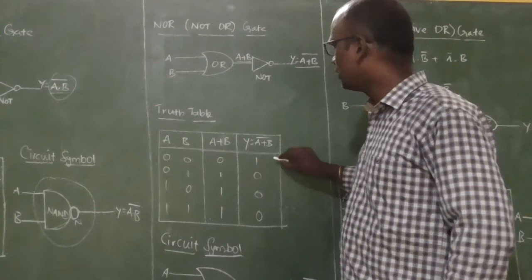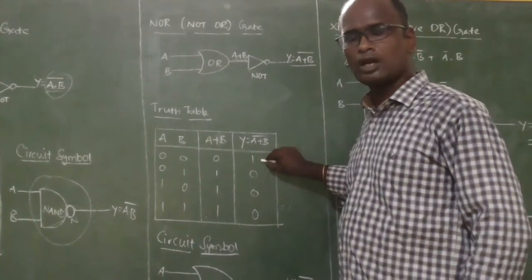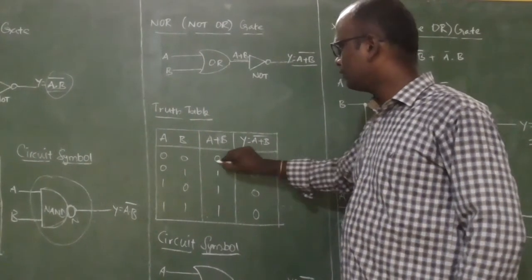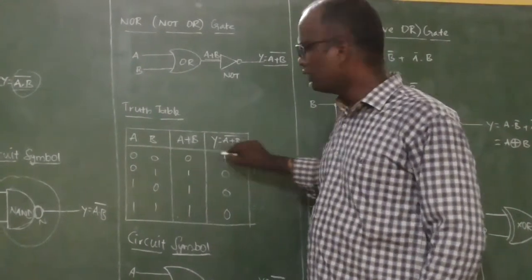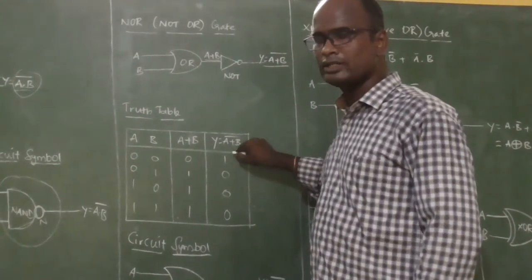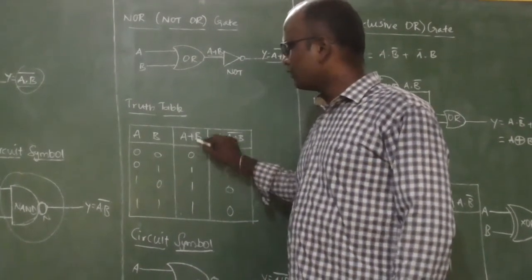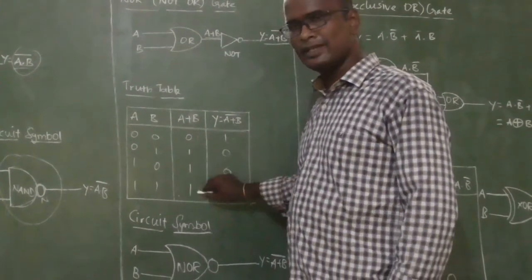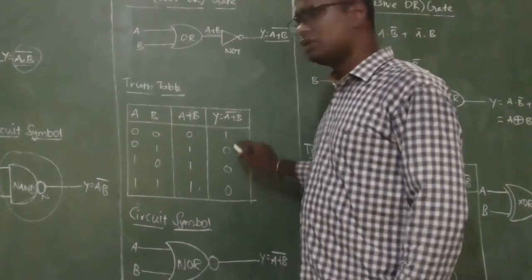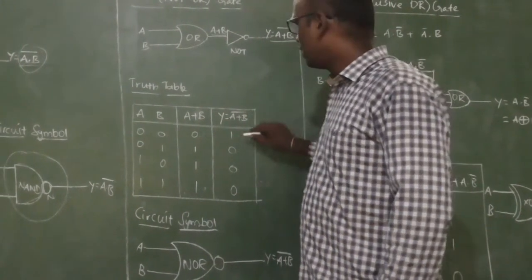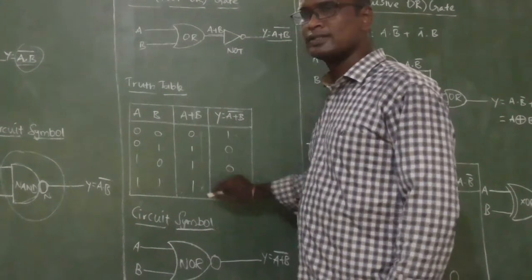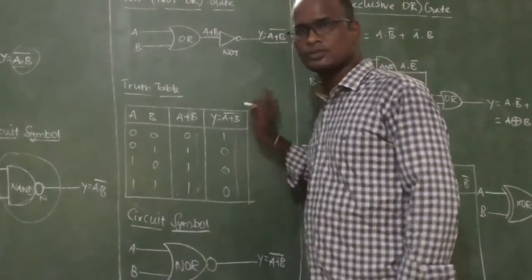It is complemented to get the result of the NOR gate. Here it is 0, so we get logic 1 at the output of the NOR gate. Similarly, the results of the OR gate are like this. Therefore, the NOR gate results are the complements of these results, so that we get the results as follows.